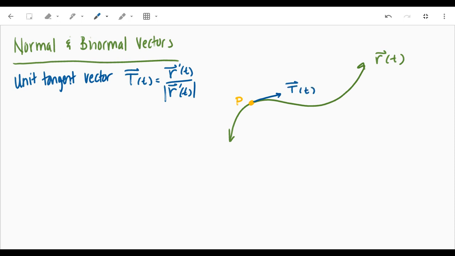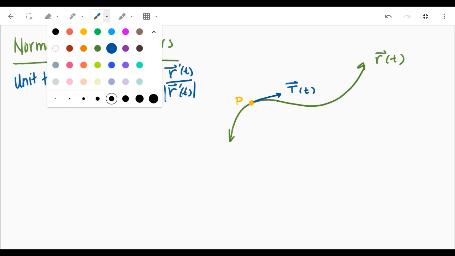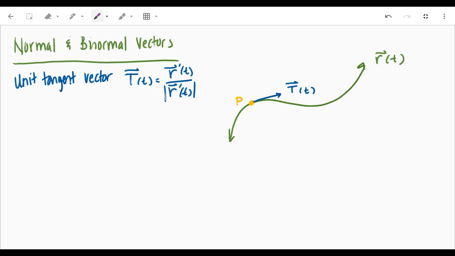Then what we have is what's called a unit normal vector. So N of t, which is T prime of t over the magnitude of T prime of t.